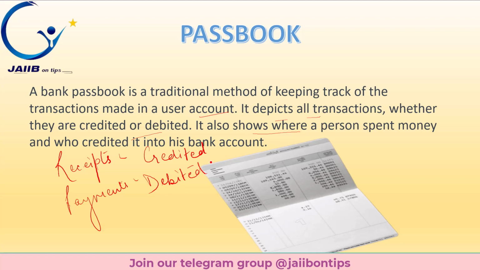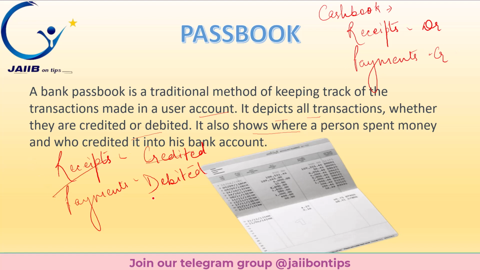So we understood the simple thing, which is that in Cashbook receipts are debited and payments are credited, but in Passbook receipts are credited and payments are debited. It is just the opposite. So let's understand the difference between the two.